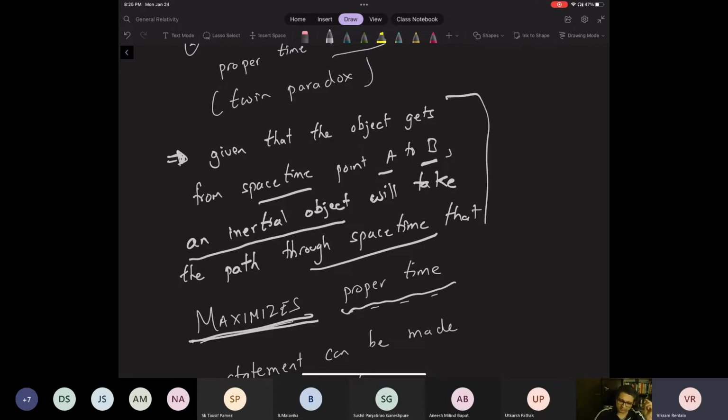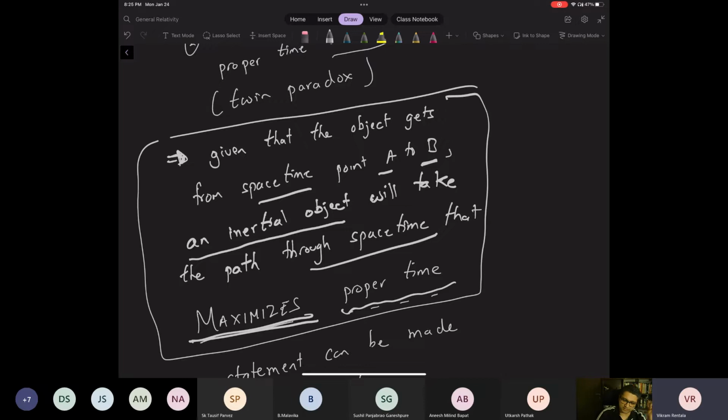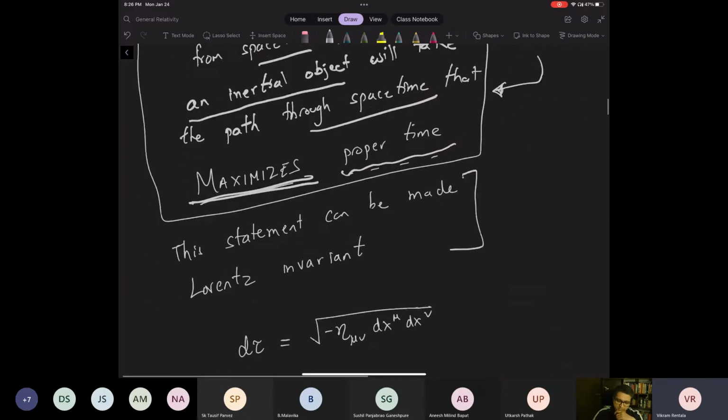Now, this statement is a different way of restating the same equation that we had. But restating the equation in this way allows us to make a Lorentz invariant statement, that is, a statement which is frame independent, or a scalar in all reference frames.